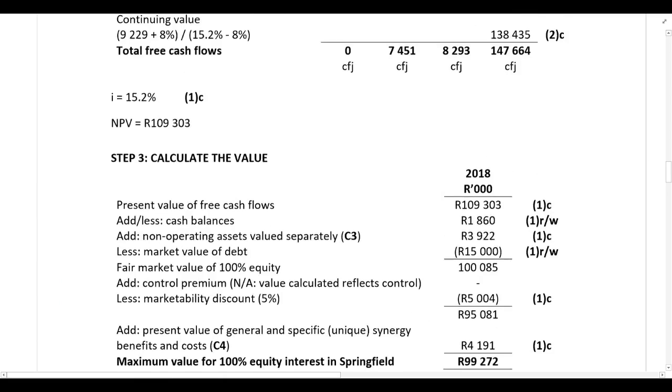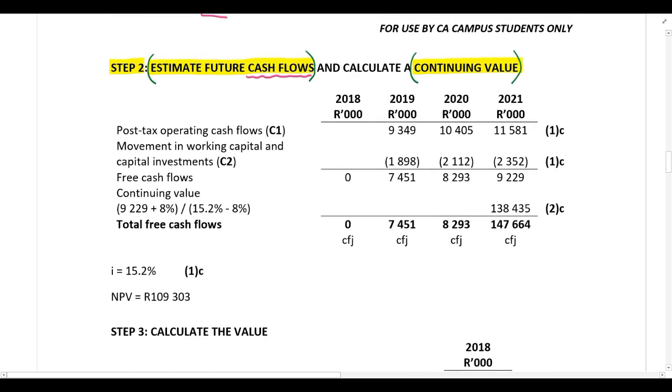So if we go back to step 2, where we are trying to estimate our future free cash flows, for 2019, 2020, and 2021, we've calculated the post-tax operating cash flows. So just make sure you reference correctly to your calculation, and then you can just bring those amounts forward.